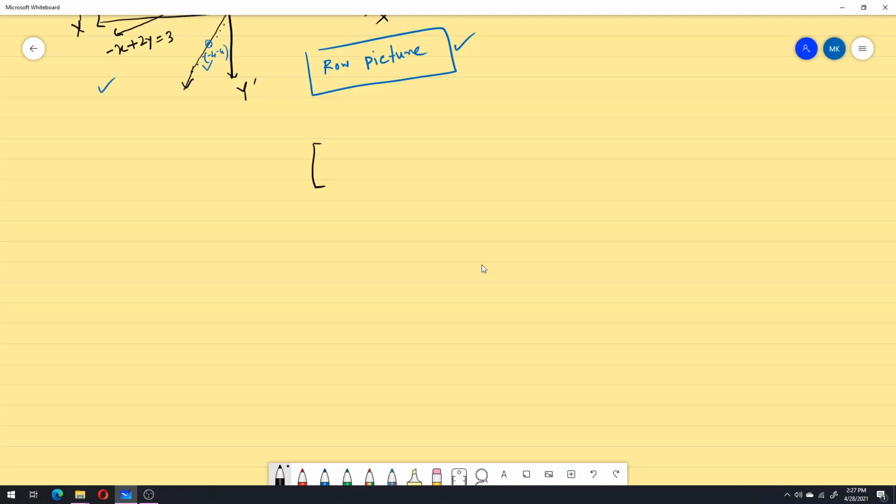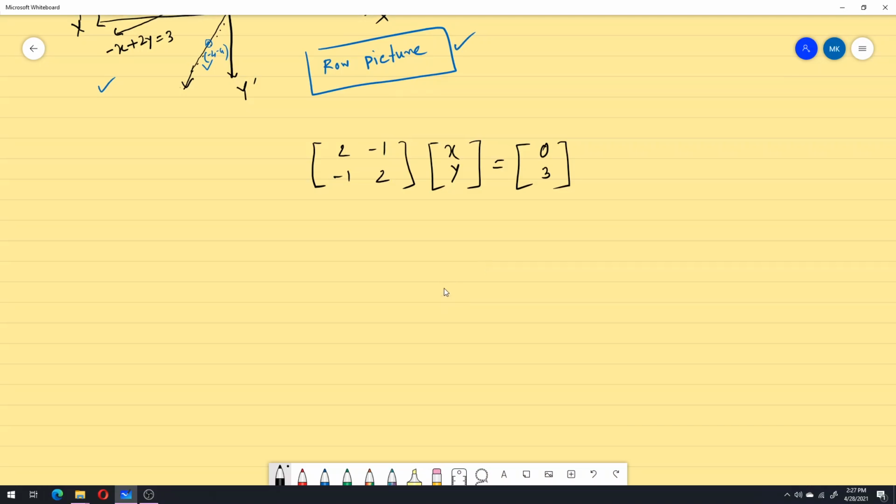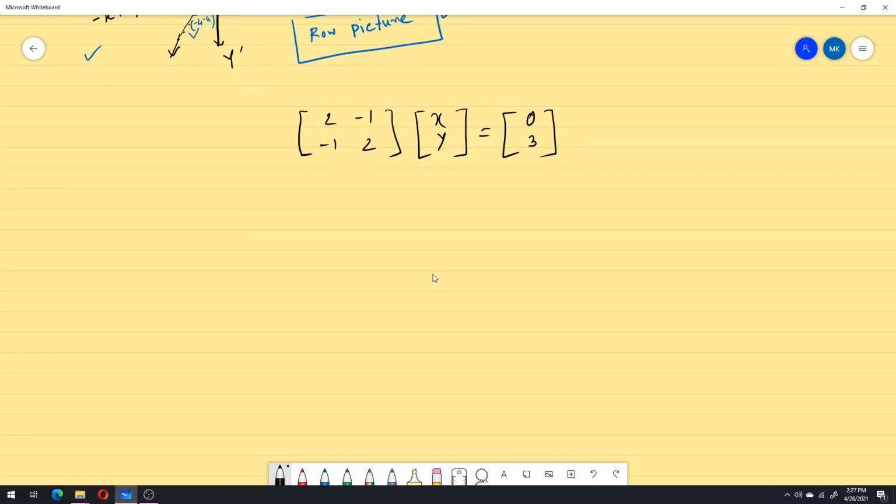So let's write that system of equations again. [2, -1; -1, 2] times [x, y] equals [0, 3]. Now what we would do is work at the column level. We saw one approach of matrix vector multiplication in the previous class.